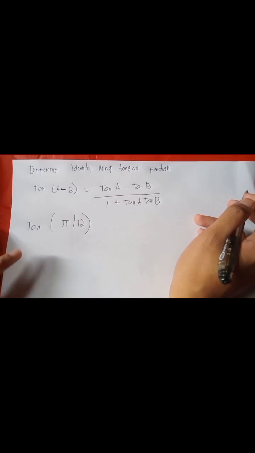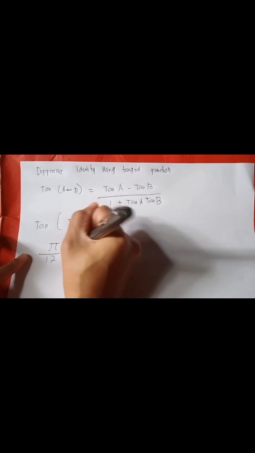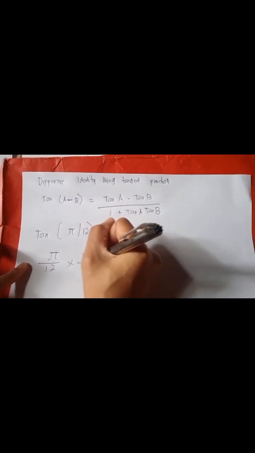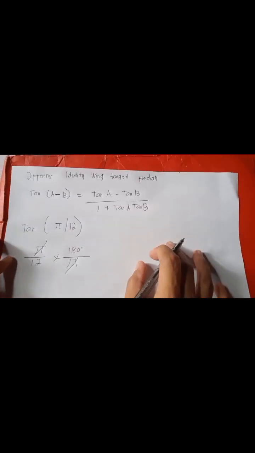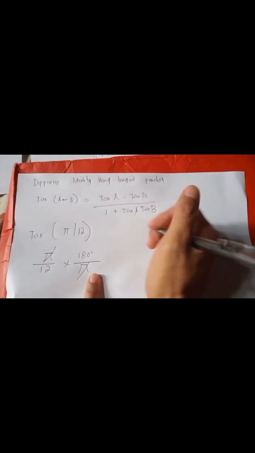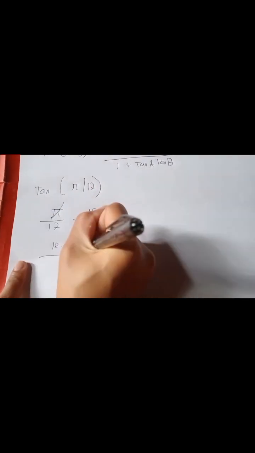So, let's convert radians into degrees. So, pi over 12 times 180 degrees over pi. So, pi cancel. So, 180 is 18 times 10, and 12 is 6 times 2.